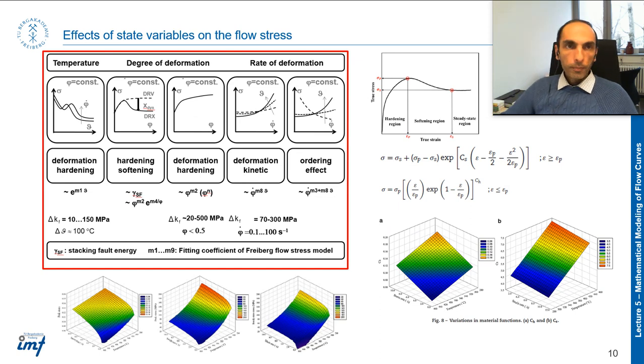Okay, now here we study the effect of state variables in detail. What was the state variable? Temperature, strain rate, and strain. So we start with temperature, and let's see how it affects the flow stress. I think you know that by increasing the temperature, the flow stress decreases. So this should be the trend, as you can see here.